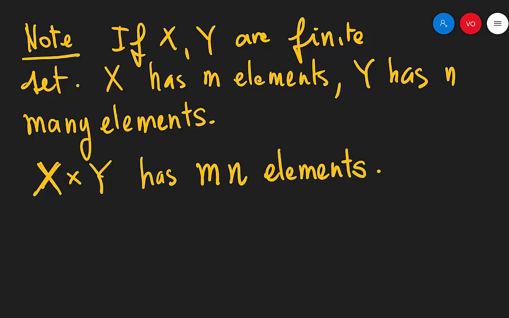So the cardinality of a Cartesian product is the product of the cardinalities of the two sets.